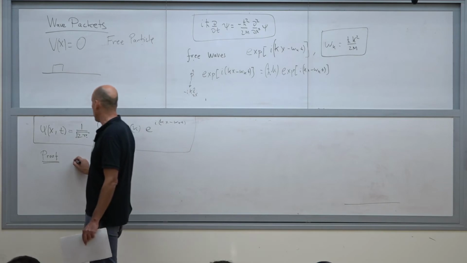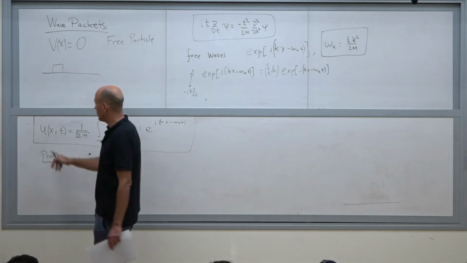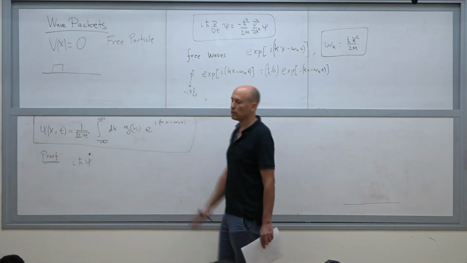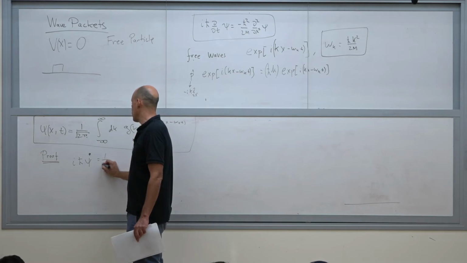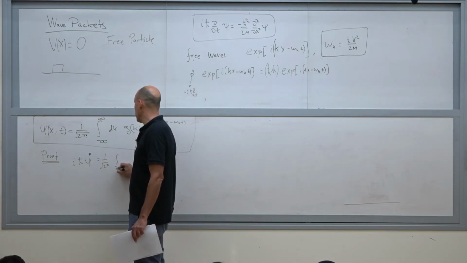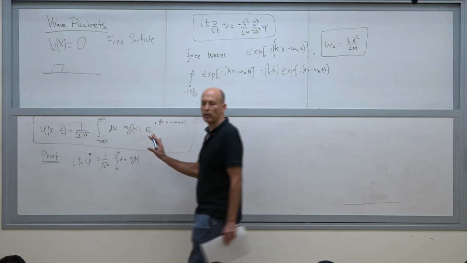So what do I need to do? Okay, I need to work again a little bit. Take the time derivative. That is the left-hand side of the Schrodinger equation. And that is equal to 1 over square root of 2 pi integral from minus infinity to infinity dk g of k. G does not depend on time.